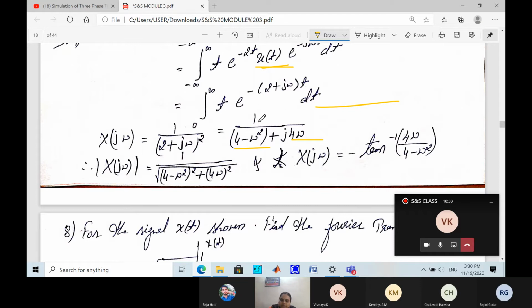In the numerator it is 1. Tan of 1 is 0. So you will be getting 0 minus tan inverse of imaginary, 4 omega, divided by real, 4 minus omega square. When I take that to the numerator, you will be getting minus tan inverse of 4 omega divided by 4 minus omega square.